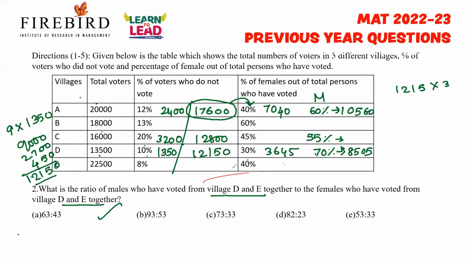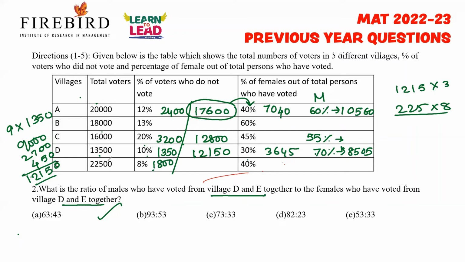for the males who have voted from village D. And similarly, can you calculate what is 8% of 22,500? 1% I know it is 225. For calculating 8%, multiply 225 into 8. It is very simple. 200 into 8, I know it is 1,600. Right? 25 into 8, 200. So 1,800. Okay.